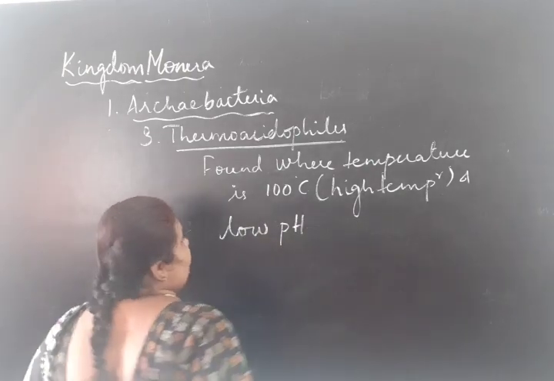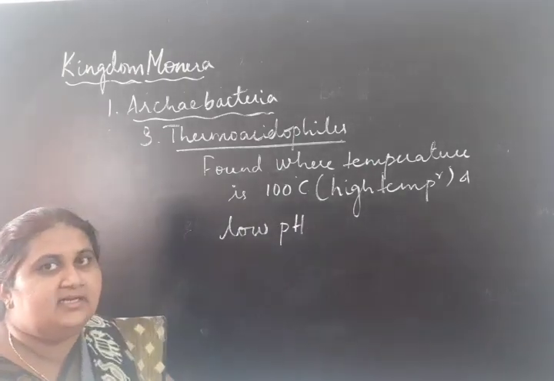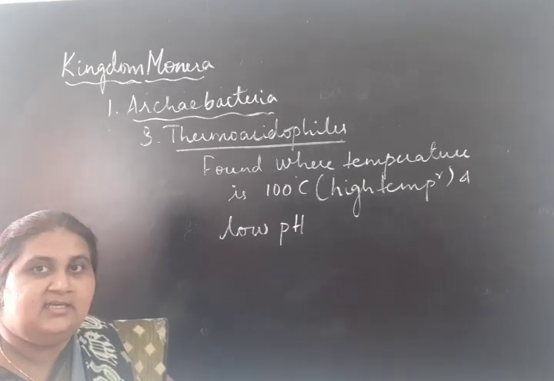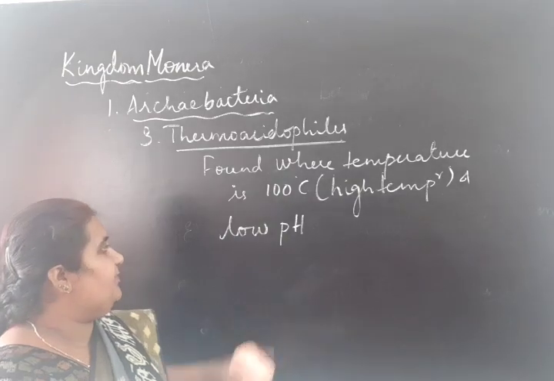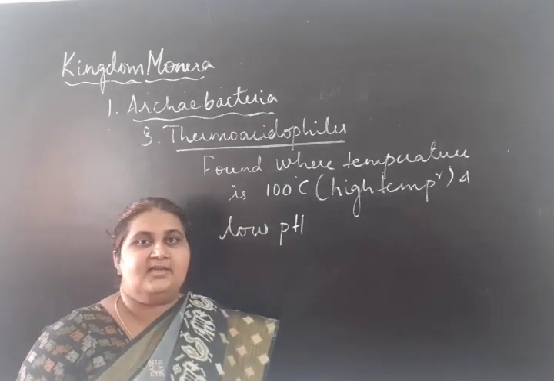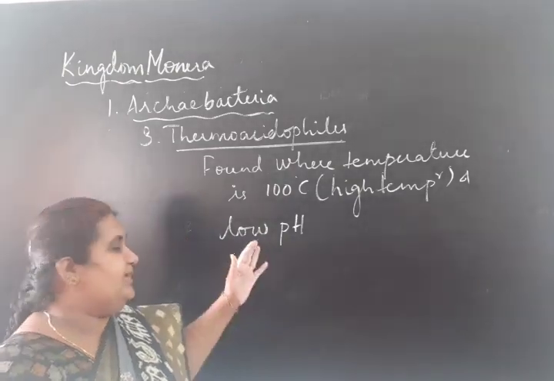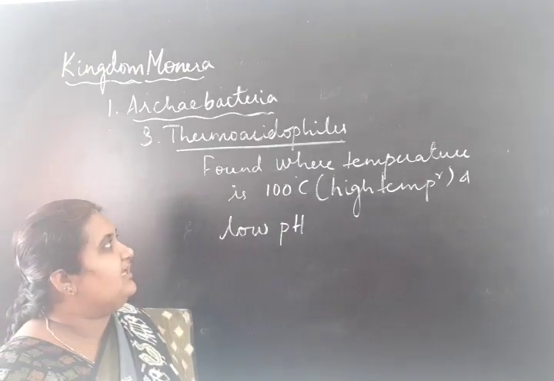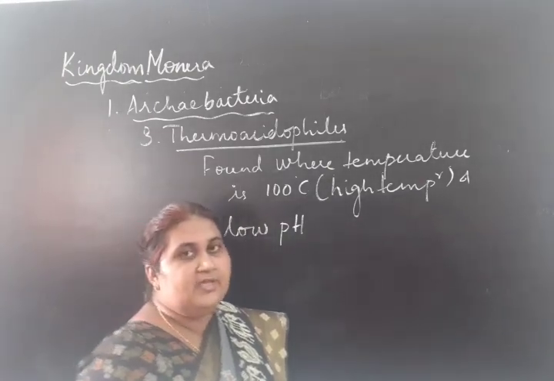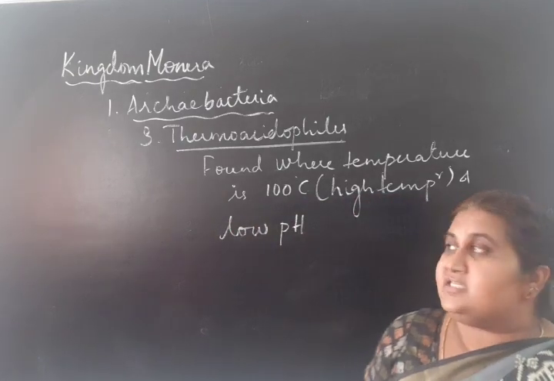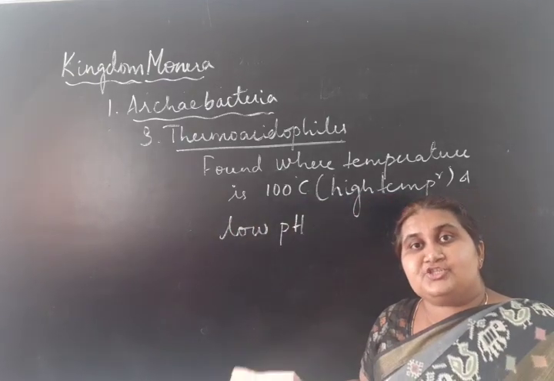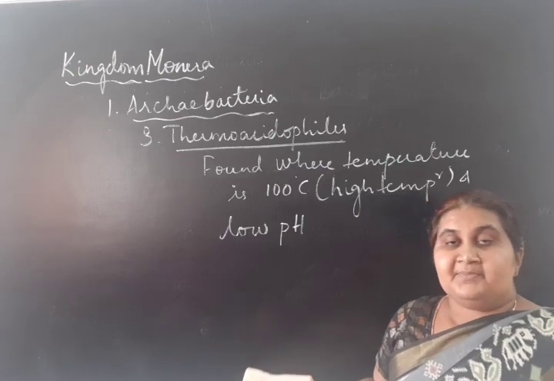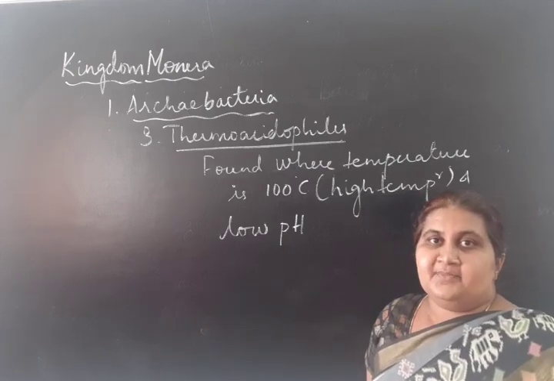You know that pH below 7 is acidic, above 7 is basic and 7 is neutral. So acidic pH is low pH. At very low pH, acidic pH, they can also survive. They are found in areas where temperature is 100 or more, like thermal springs.